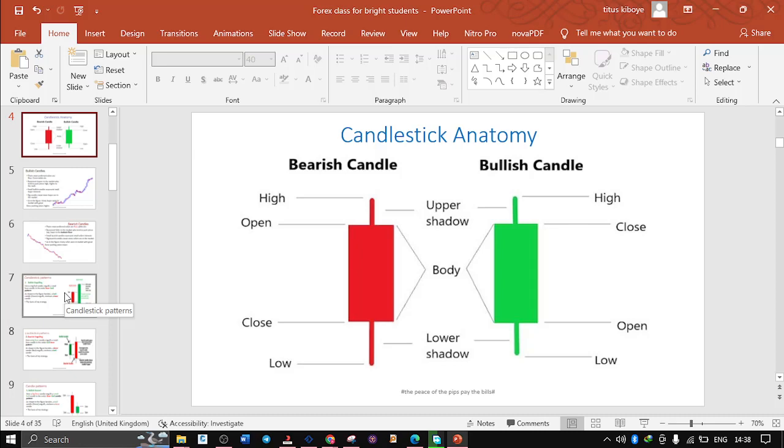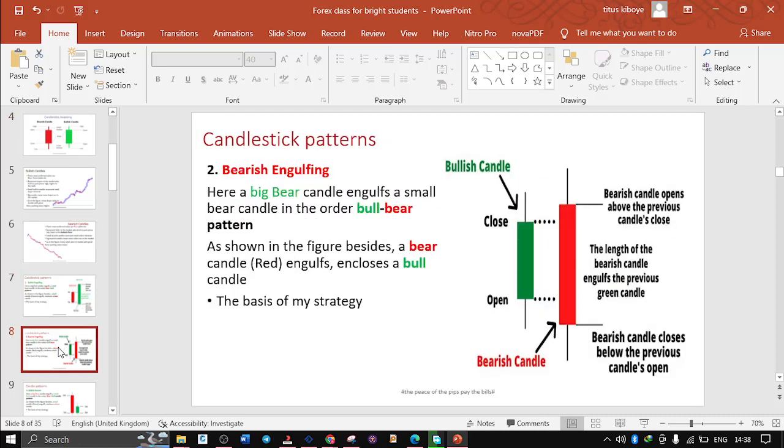We get back to the other slide, that one. So I was asking which one is engulfing the other here. The red candle. Don't you see how big it is? The red candle is engulfing the green candle.